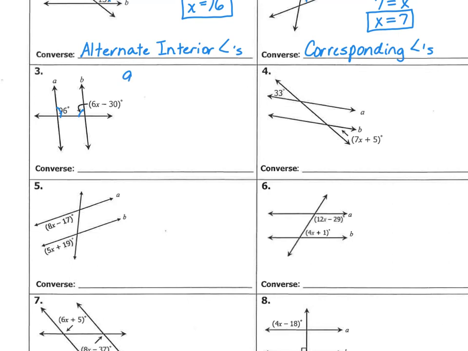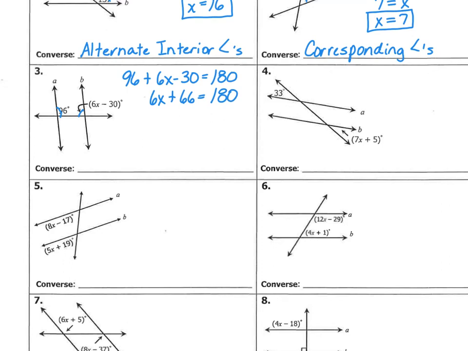So 96 plus 6x minus 30 is equal to 180. So 96 minus 30, 66. So I have 6x plus 66 is equal to 180.